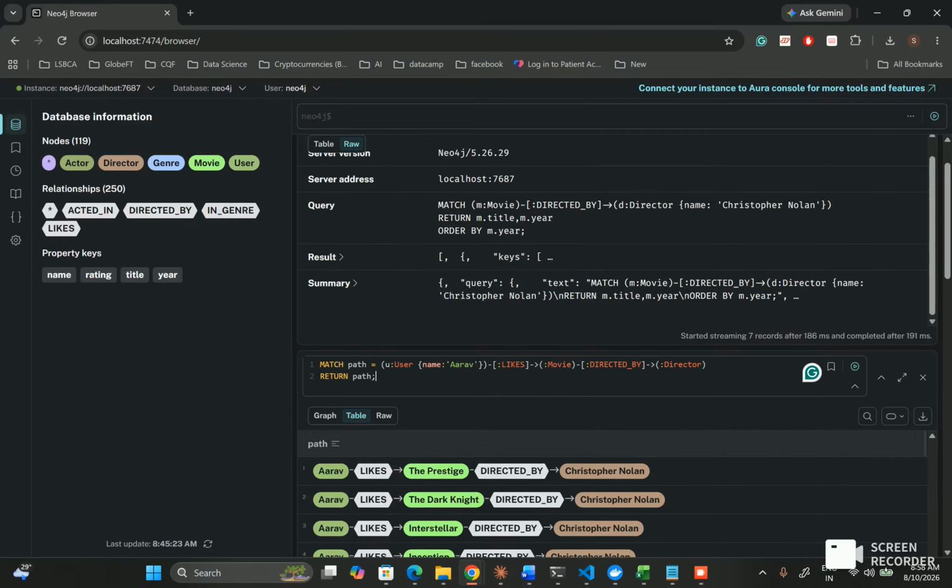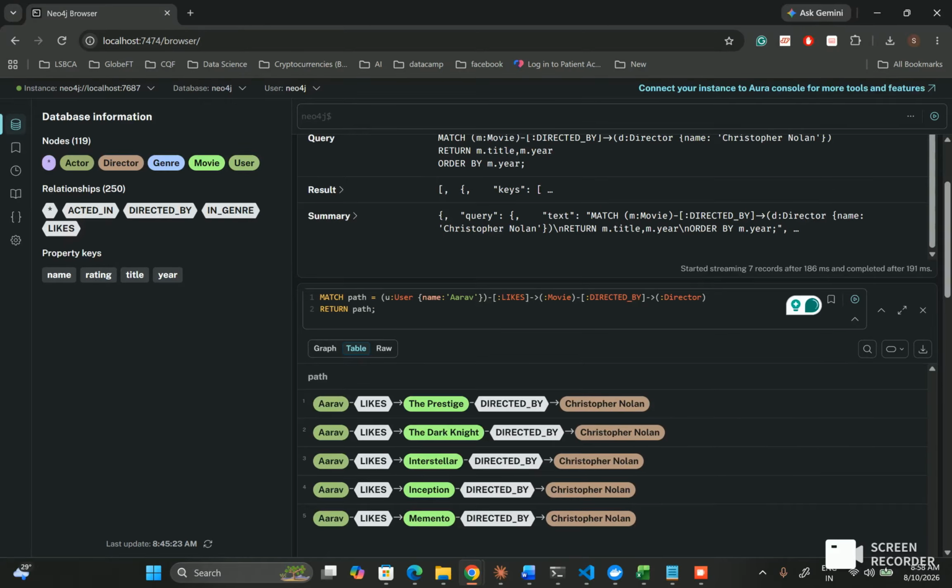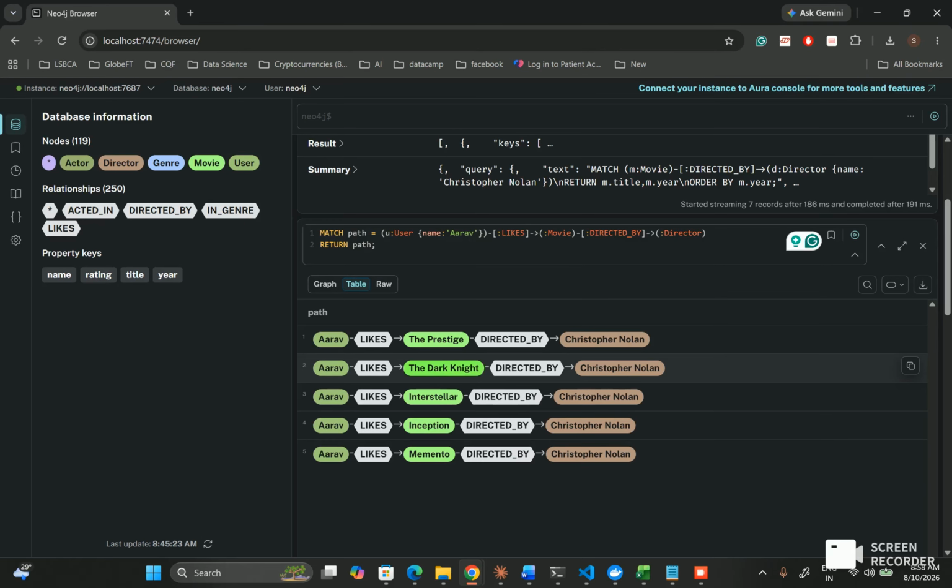Okay, let's take this example. Again, these round brackets are nodes.